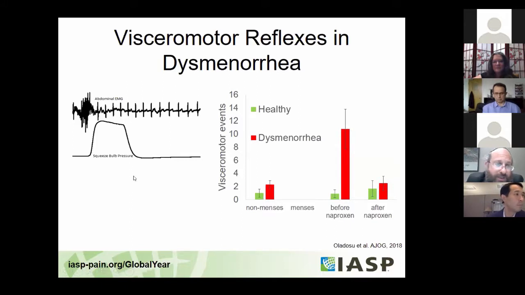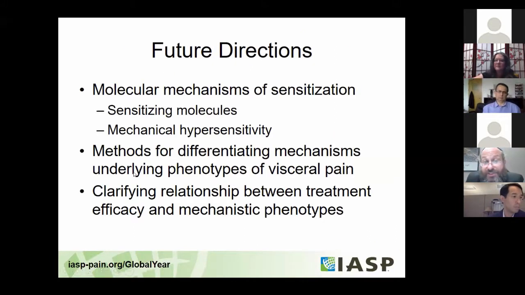So we had healthy controls squeeze bulbs randomly in a pattern similar to people with menstrual pain, and we also looked at people with menstrual pain off their menses, as well as before and after naproxen. What we see here is we only see these abdominal muscle events consistently precede pain before we give a rescue medication.